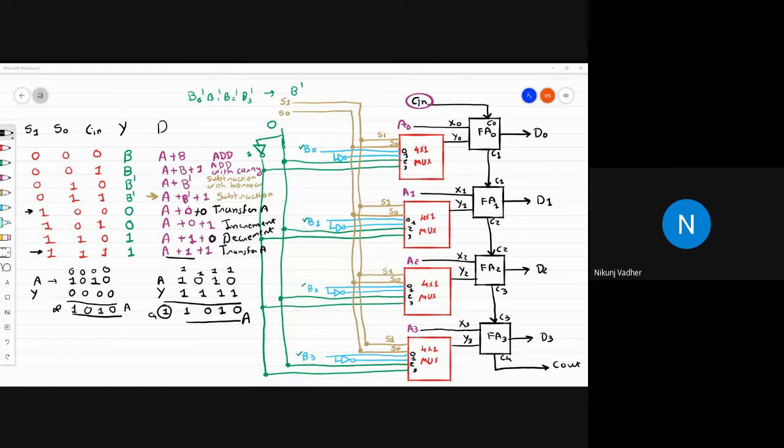Are you clear with the transfer? All of you are clear with this?